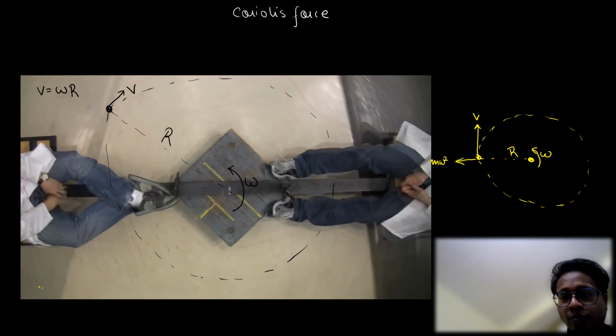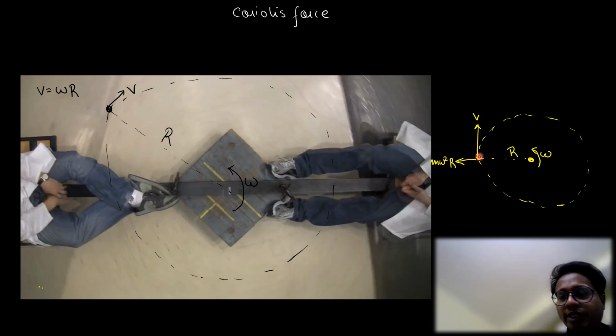The centrifugal force is always perpendicular to the velocity, in this direction. The centrifugal force would always be radially outward. My question is, if the centrifugal force is in this direction and this is our frame of reference, the body according to this frame of reference should be rotating in this direction, no?